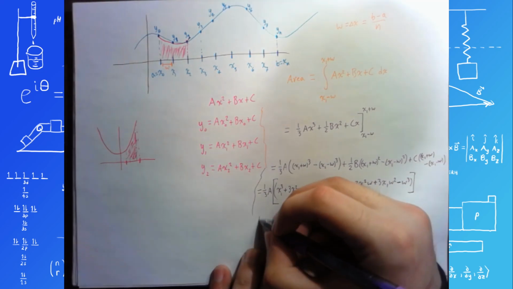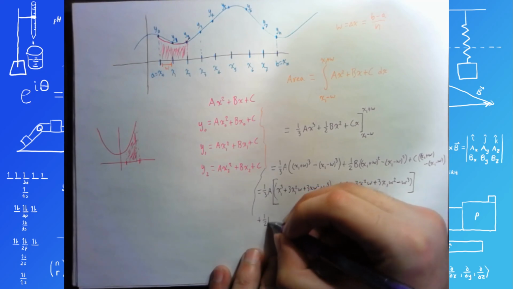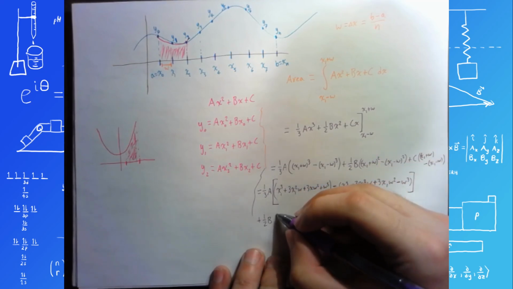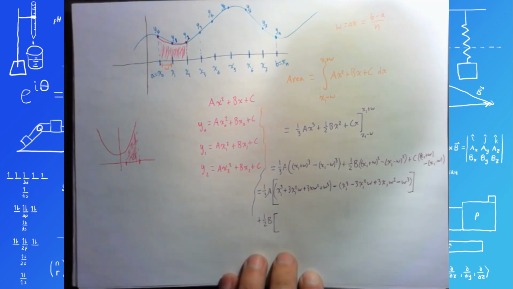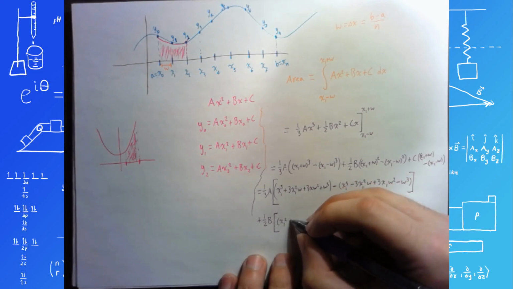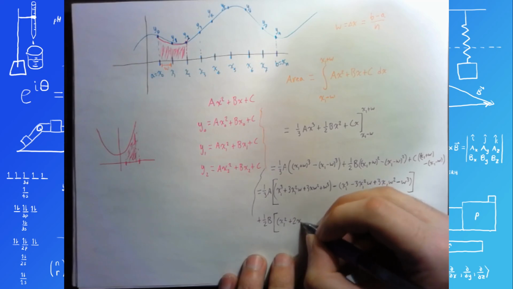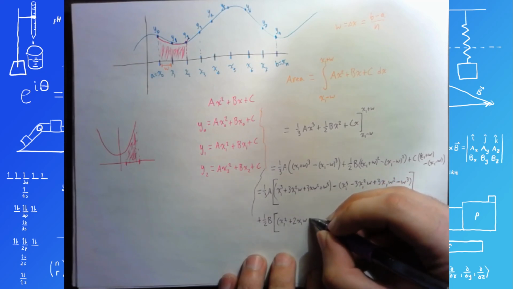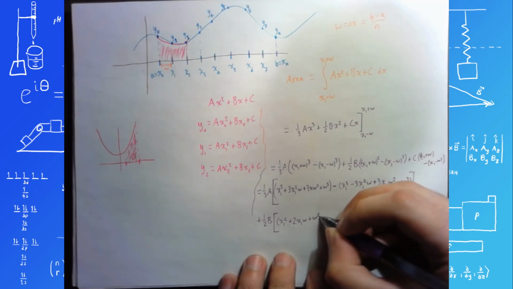And then plus 1/2 b, open a new bracket for this. Let's see, x1 plus w squared, so that's going to be x1 squared plus 2x1w plus w squared.